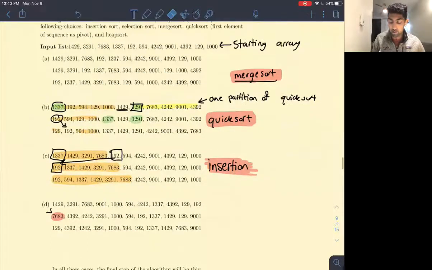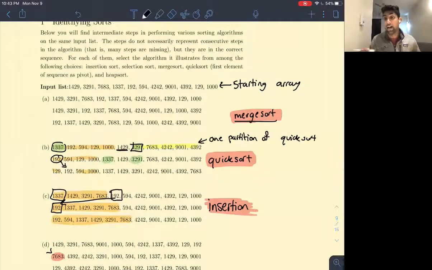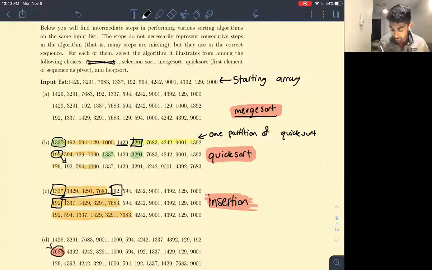So let's walk through our algorithms here and ask ourselves, in which algorithm is it possible for a bigger element to move to the left? Insertion sort, that would never happen because every time we swap, we're basically moving an element to the left if it's smaller than what's already there. And we can see here that 7683 is definitely not smaller than the other elements that were there in the beginning.